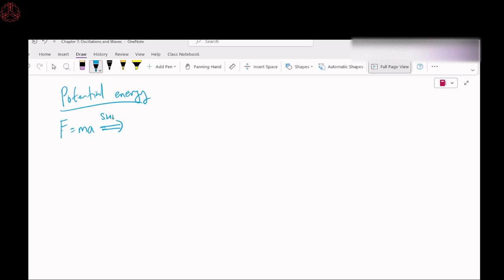For SHM, we have a equals negative omega squared y. So I'm left with F equals m times negative omega squared y, which means I have negative m omega squared y.